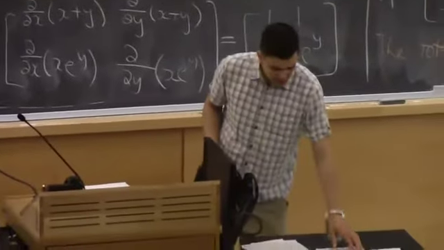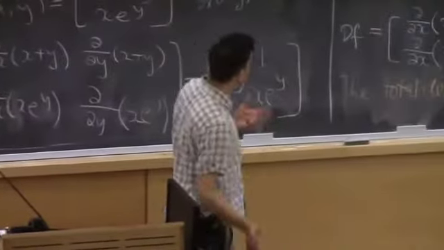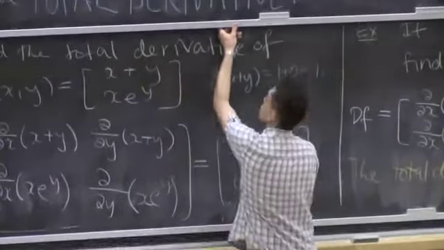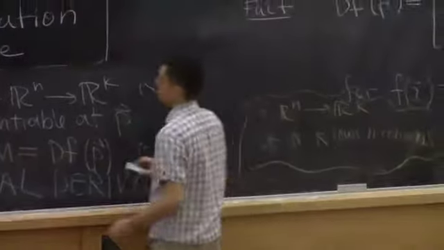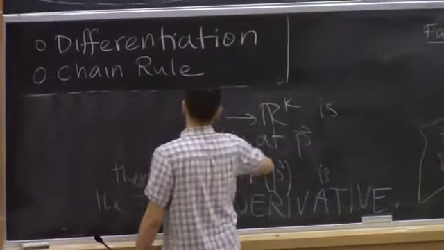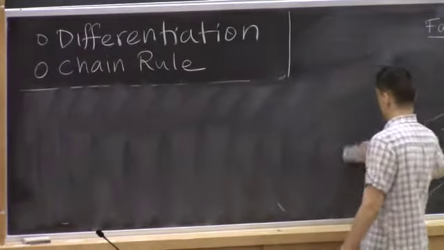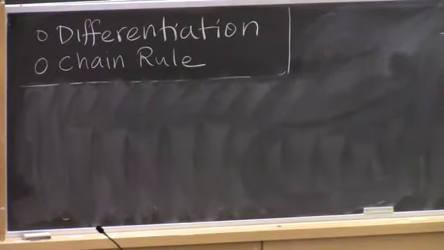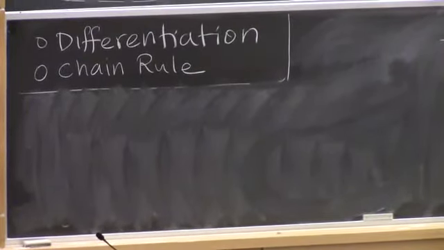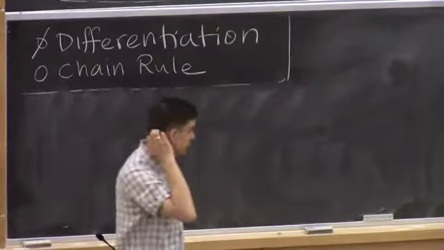Okay. So the next thing on our plates is the chain rule, which is a little bit more subtle in multiple dimensions than in one dimension. Okay, so let's talk about chain rule for partial derivatives.